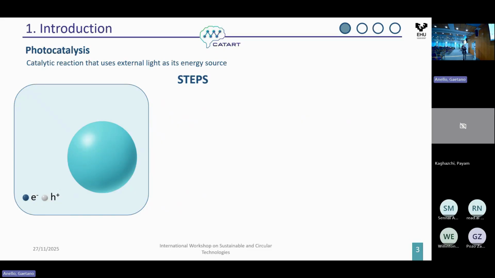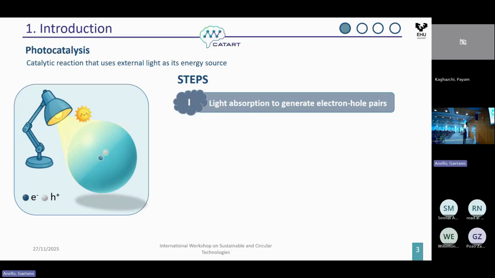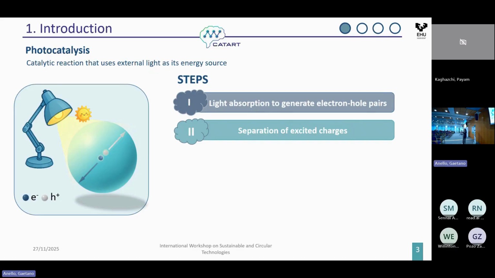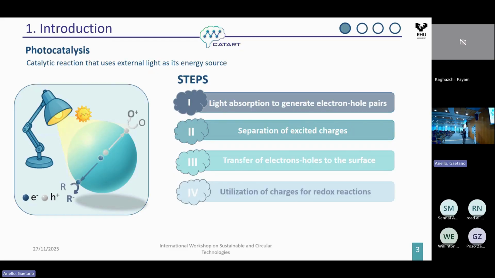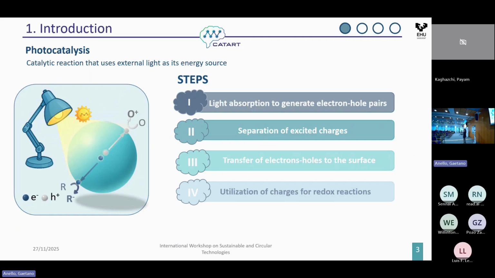The first one is the light absorption of the material to generate electron-hole pairs. The second step is to separate these charge carriers in order to get them to the surface of our material. And the last one is using these charges for redox reactions.